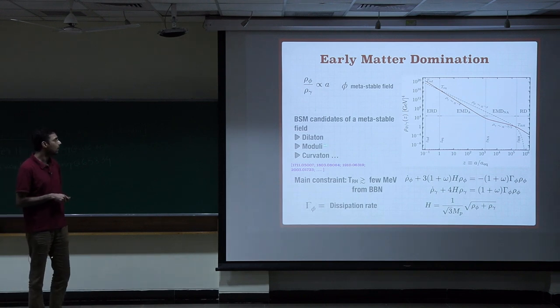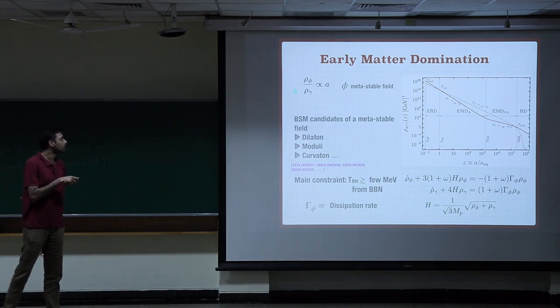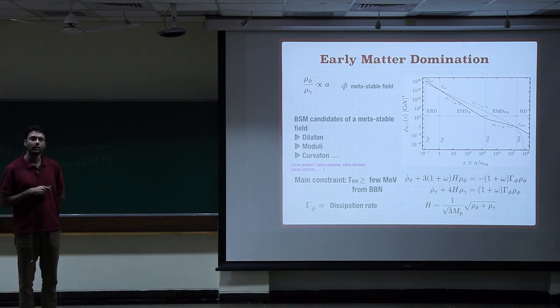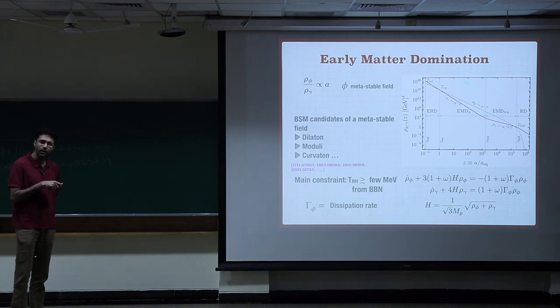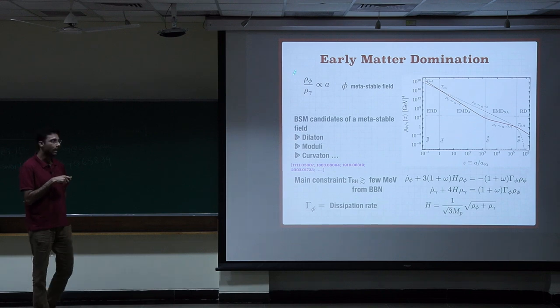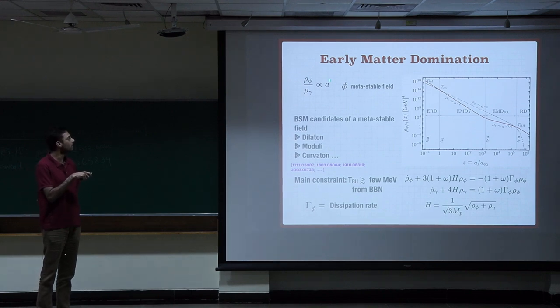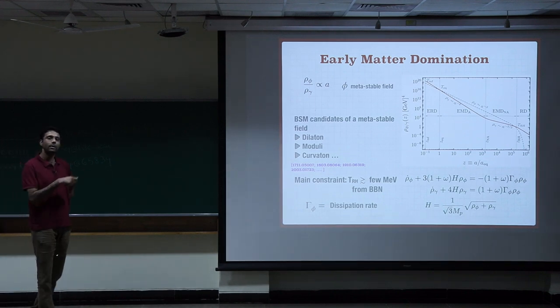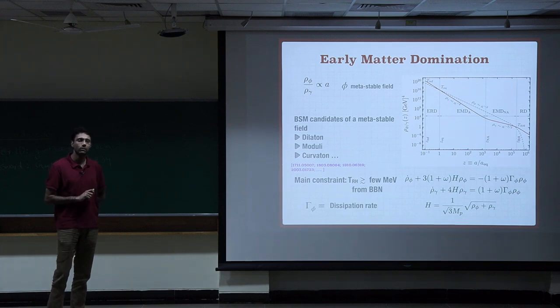For any metastable field like phi, the ratio of energy densities would just go as the scale factor. So even if phi was at low values, at some point of time the ratio will increase and phi will dominate. But phi cannot dominate throughout, because by BBN the phi has to decay and the universe has to go to radiation.